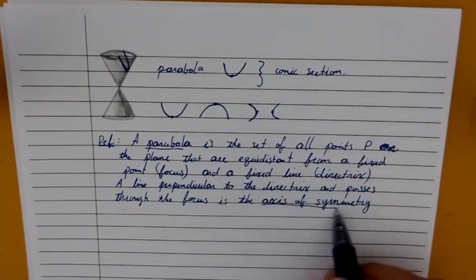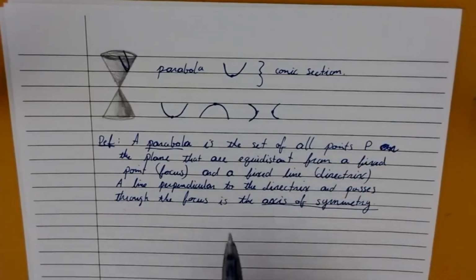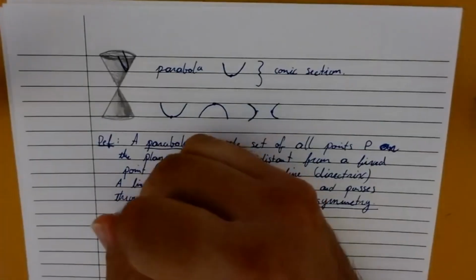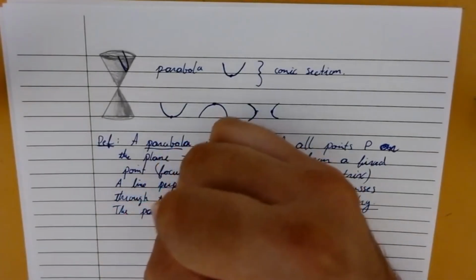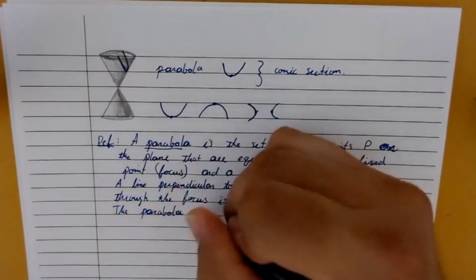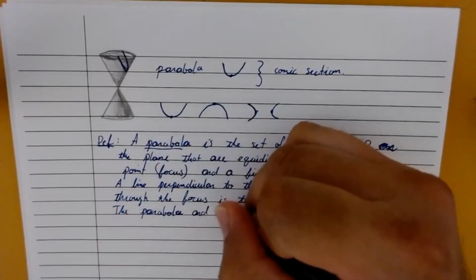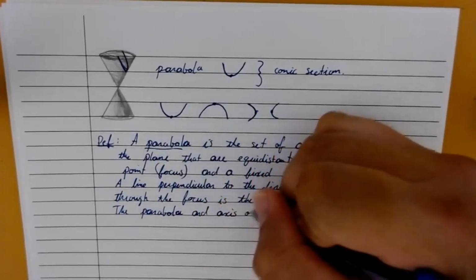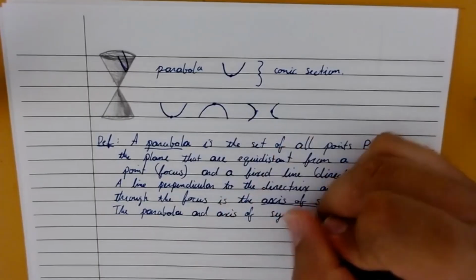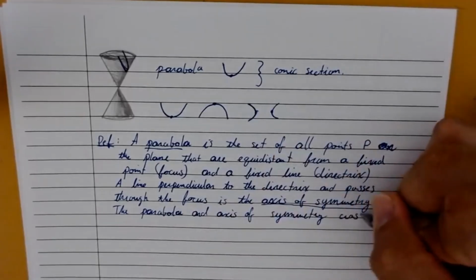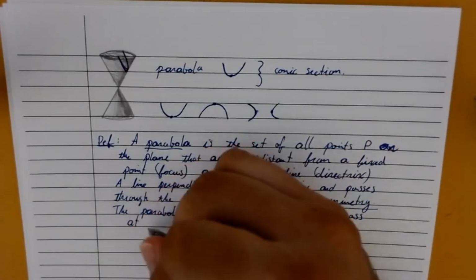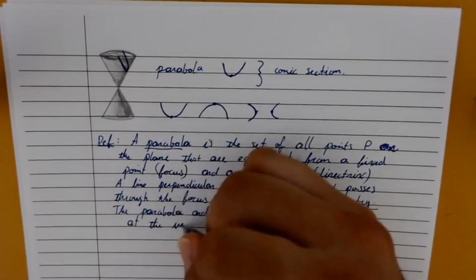Where the axis of symmetry and the parabola cross, that's called the vertex. The parabola and axis of symmetry cross at what's called the vertex.